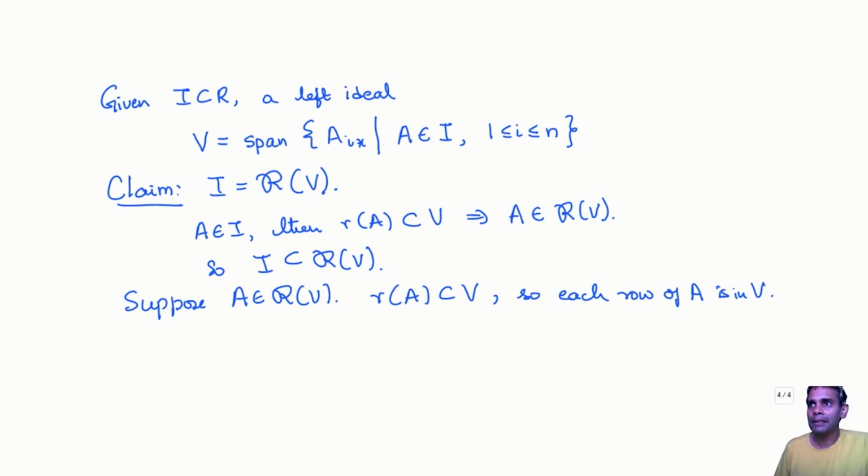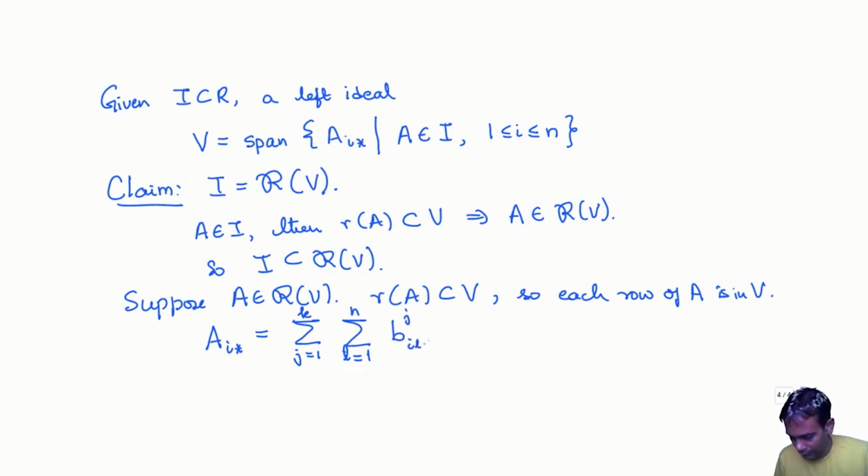Okay, so that means that if I take the ith row of A, A_i*, I can write it as a linear combination of rows of matrices which lie in I. So I can write this in the form, j goes from 1 to k, l goes from 1 to n, b_jil A_j l*.